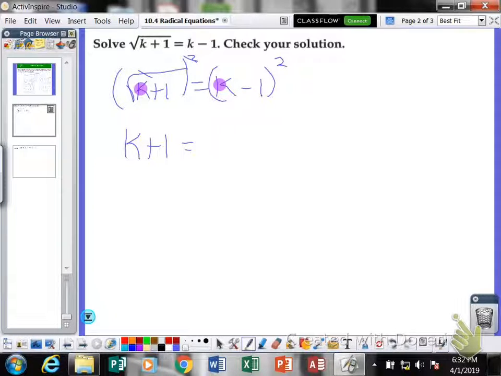Now, I have k minus 1 squared. Guys, again, this does not mean distribute that 2. This means k minus 1 times k minus 1. So you need to either use the FOIL method, the distributive property, the box method, whatever you choose.